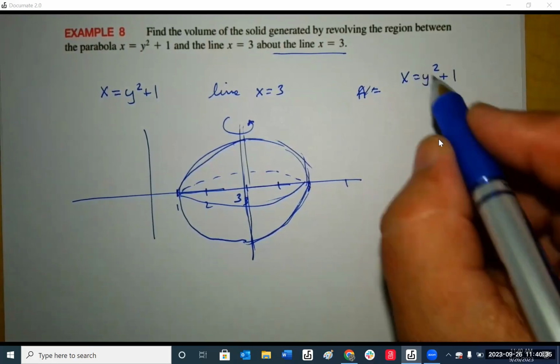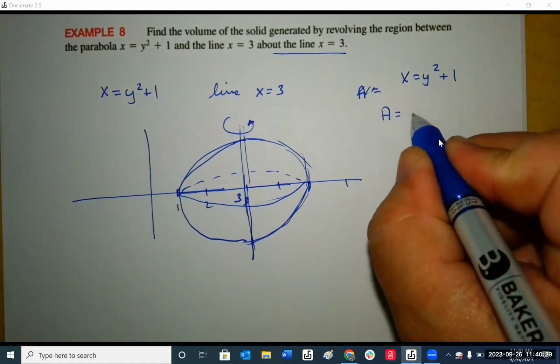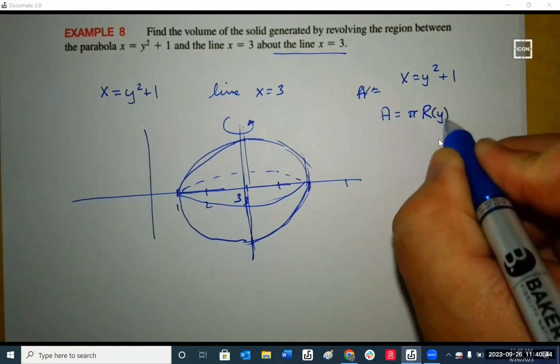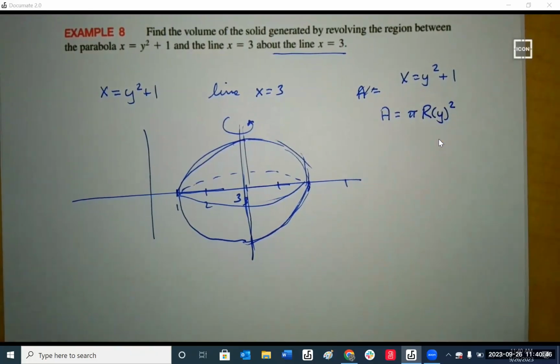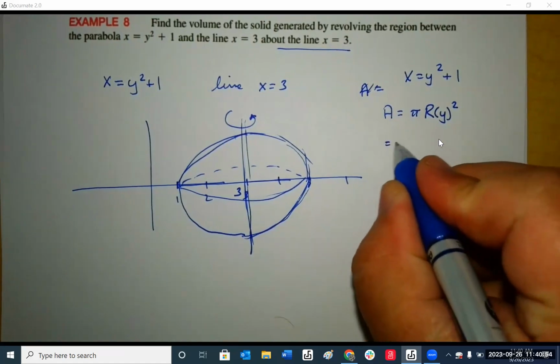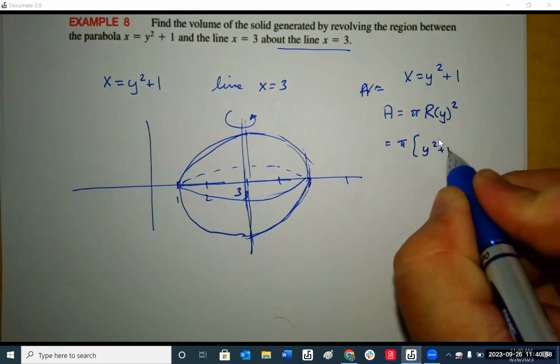So our area is pi r squared. Pi r with respect to y, squared. And what is r? Y squared plus 1.